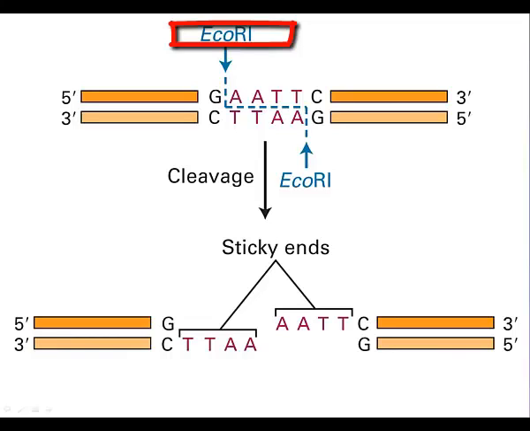That tells you that's the bacterium from which this enzyme was initially isolated. It was from strain R, so that's where the R part comes from, and then 1 just indicates that it was actually the first enzyme that was isolated from that strain of E. coli.